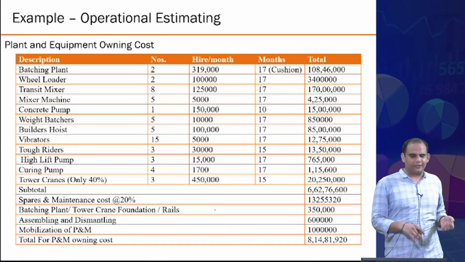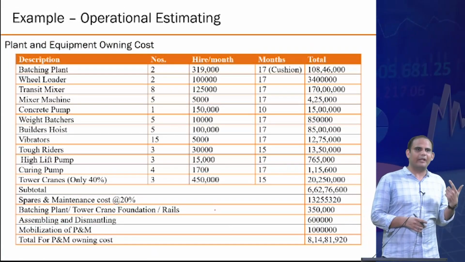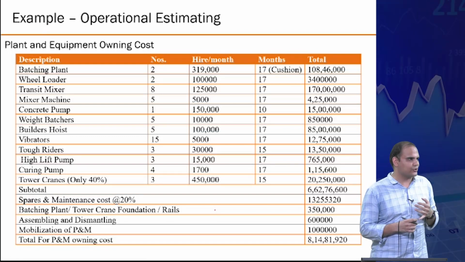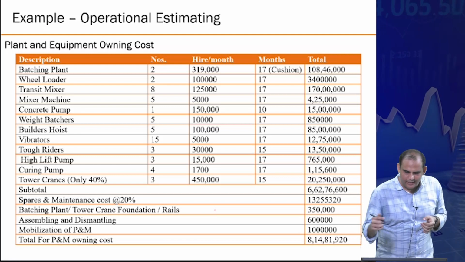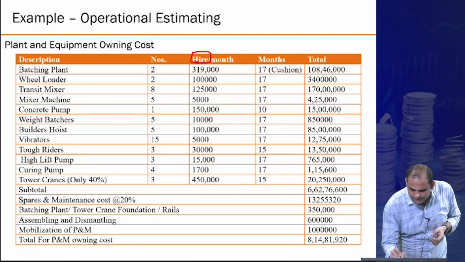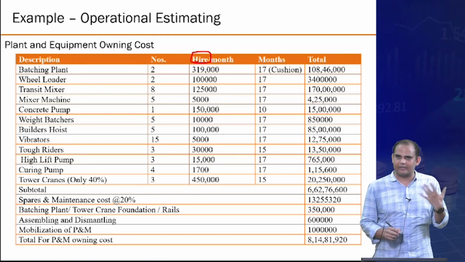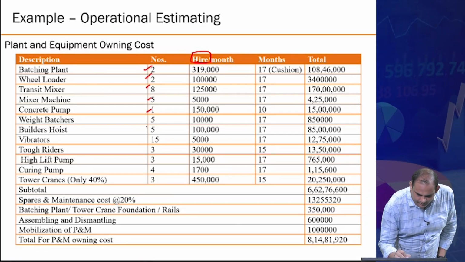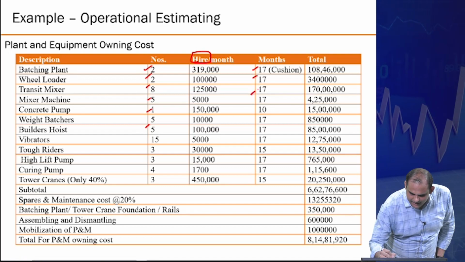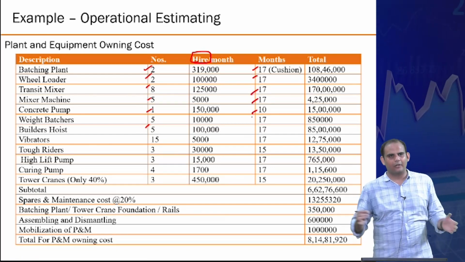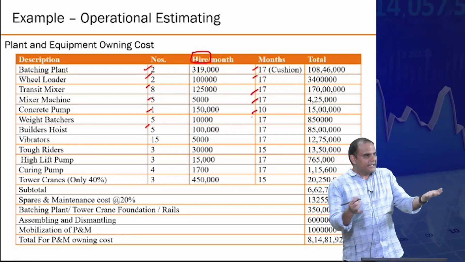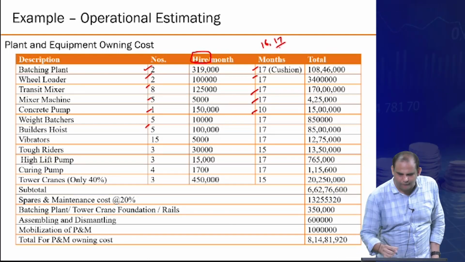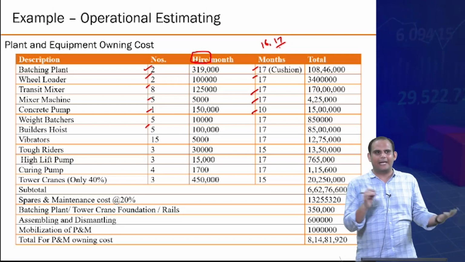So corresponding to this, you will have either a renting or purchasing kind of a cost associated with these equipments, right? So I'm assuming that all of these equipment and machinery is hired, it's rented, not actually owned. So you have all the numbers, you have the total number of months you need to lease them. I'm assuming originally was 16. I'm assuming 1 month of a cushion because your project might get delayed and all.